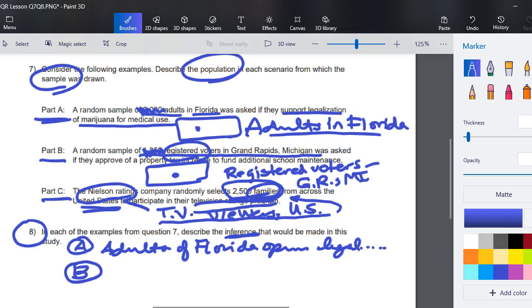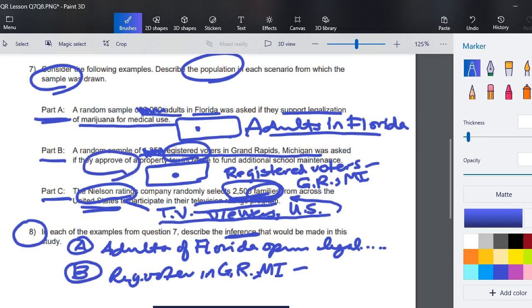And we would be inferring that the percentage of, here's our population, registered voters in Grand Rapids, Michigan, and we would be stating something about what percentage approved a tax hike.